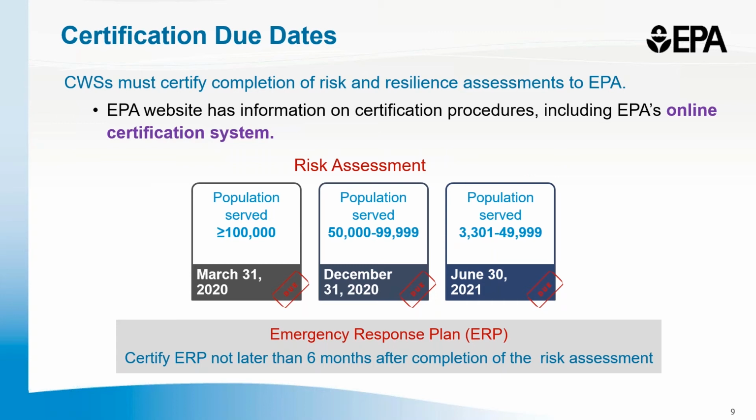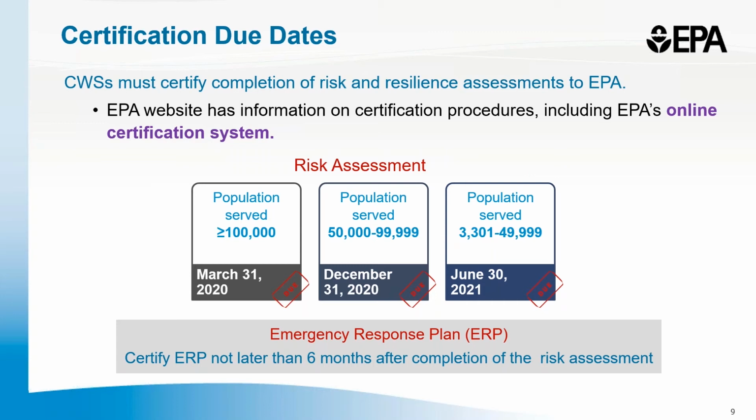As you can see in this slide, the deadline depends on the 3 different sizes of utilities covered by AWIA, with the first deadline already passed. The next deadline, for medium systems, is December 31st, 2020. And then for the smallest systems covered by AWIA, the deadline is June 30th, 2021.